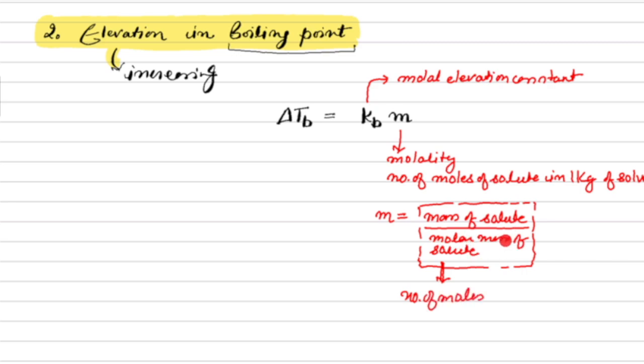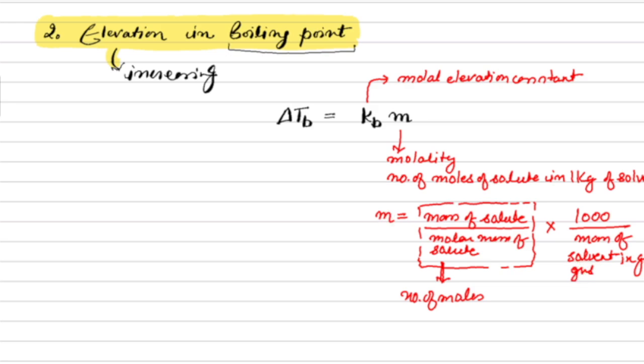So we calculated the number of moles, then we just need to take care of kilograms. So we'll say 1000 here, and here we will divide by the mass of solvent in grams. Generally it is given in grams, so that's why it has been taken care of.